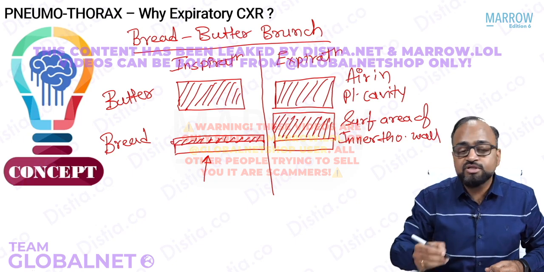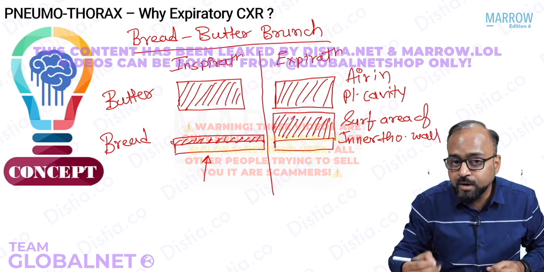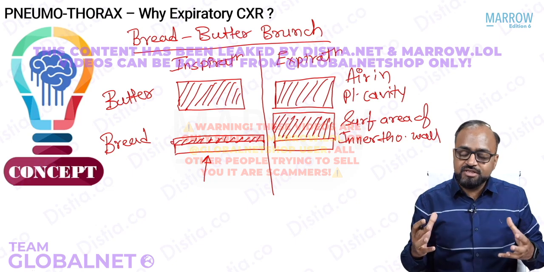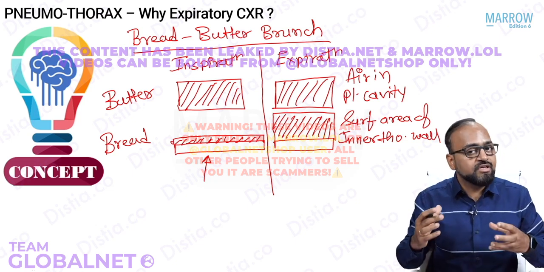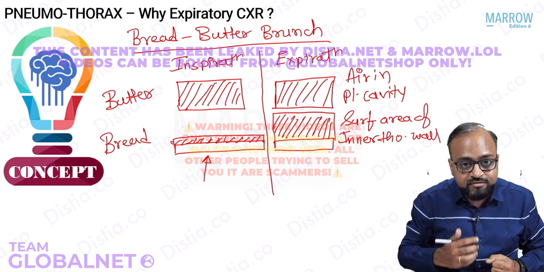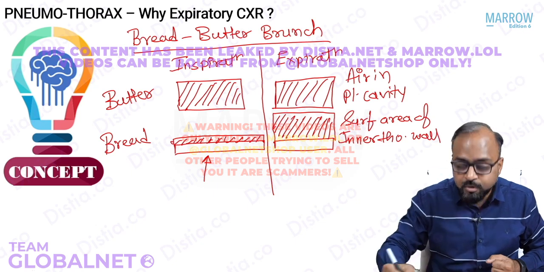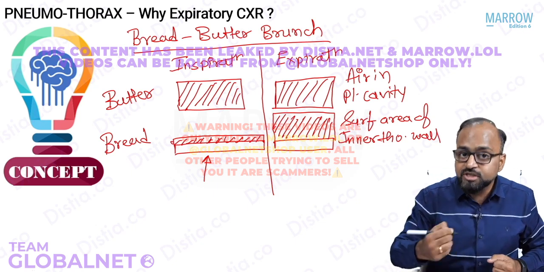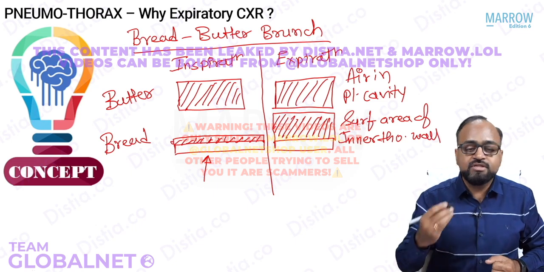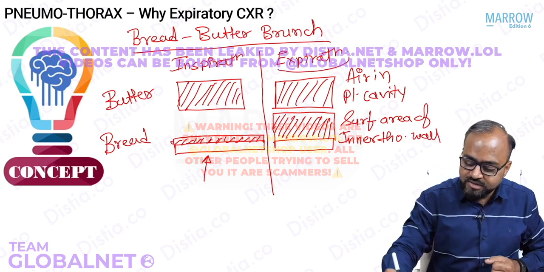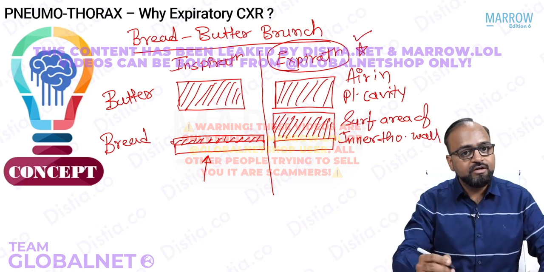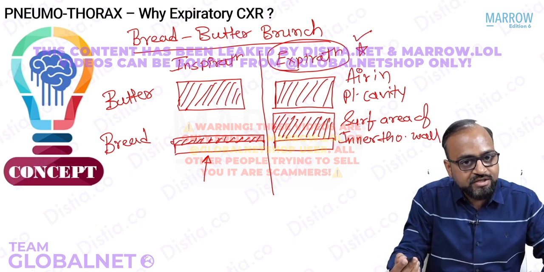So the amount of pneumothorax would appear very, very thin. But in expiration, the chest cage retracts, the surface area is going to decrease, and when the surface area decreases, the same amount of butter or air will appear as a much thicker layer, and therefore it will be easy for us to pick it up. And that is the reason why an expiratory view is considered to be better for detection of pneumothorax.